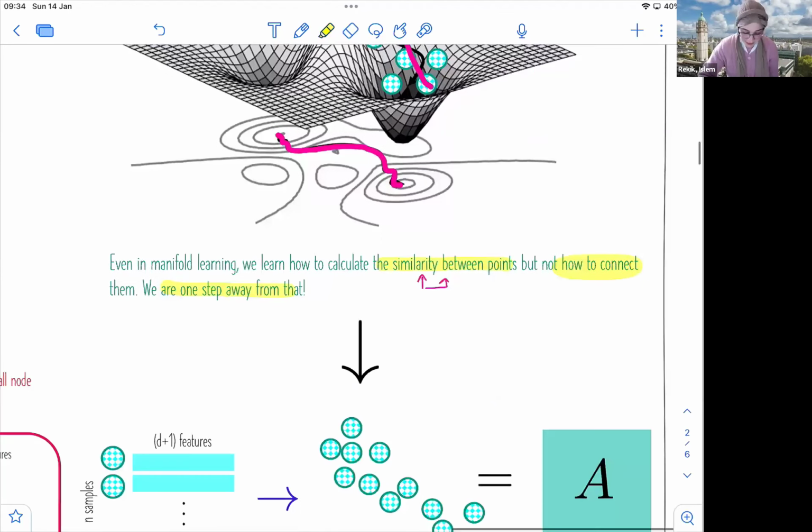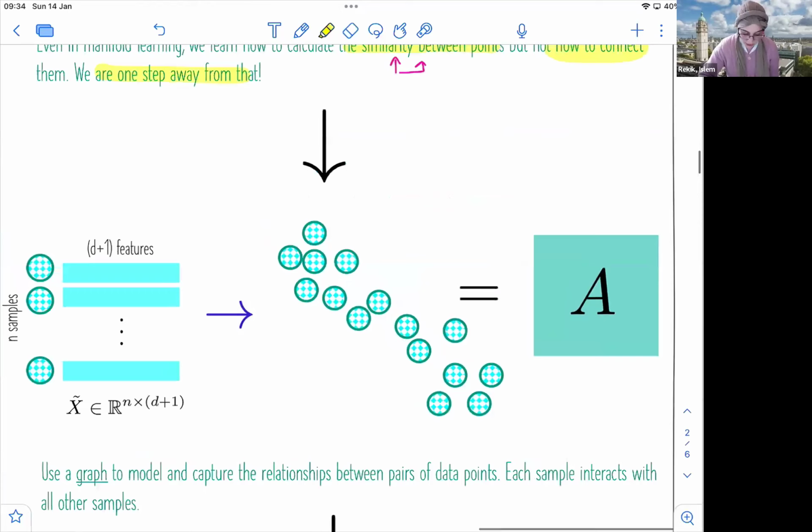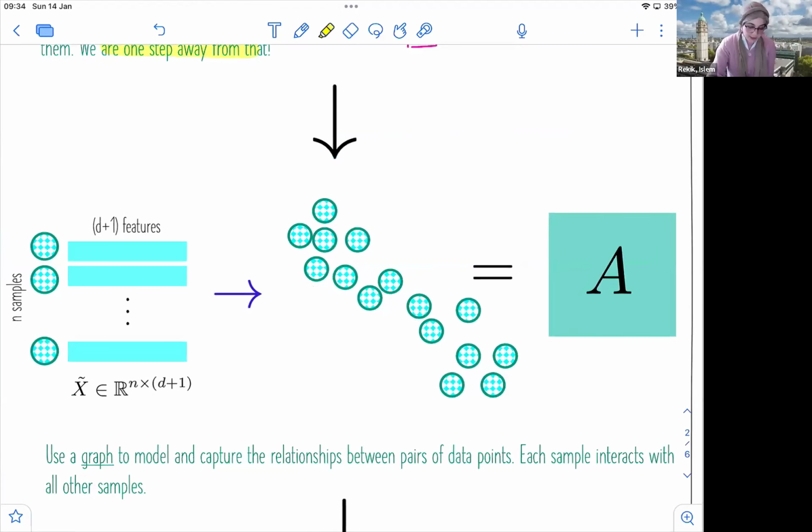So let's look next. So here, this is the input data that we have. Let's say that the data structure on the manifold or distribution looks like this. And then all we need to do to be able to model the interactions and include the interactions between these points during our learning is to learn what we call the adjacency matrix, or to define the adjacency matrix of all these points.